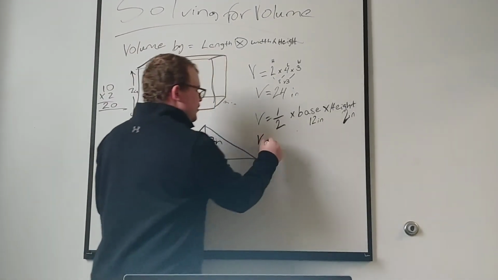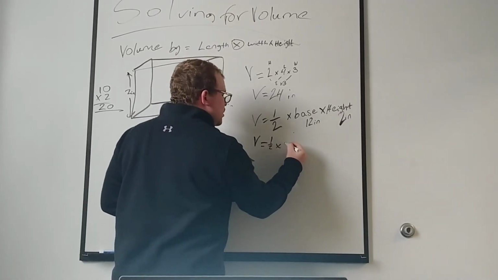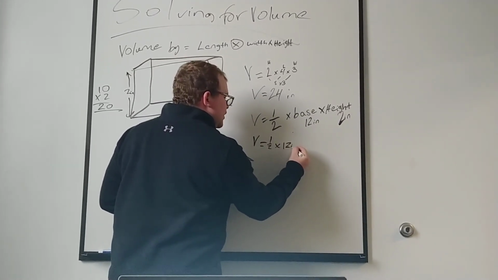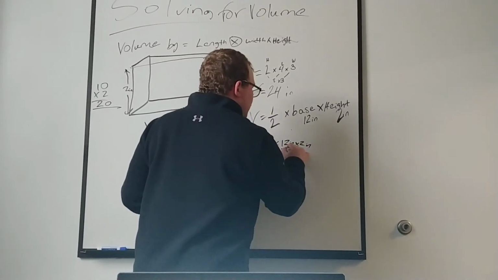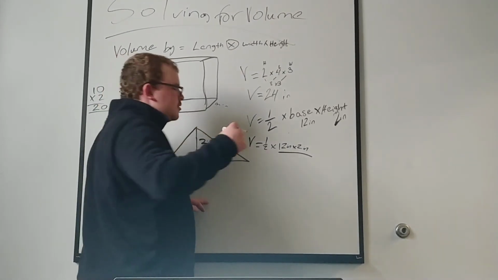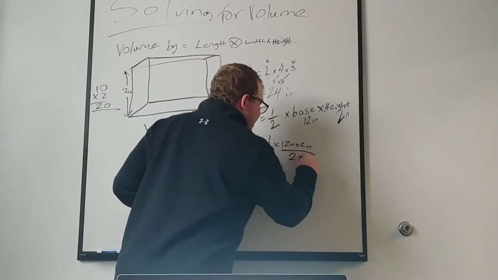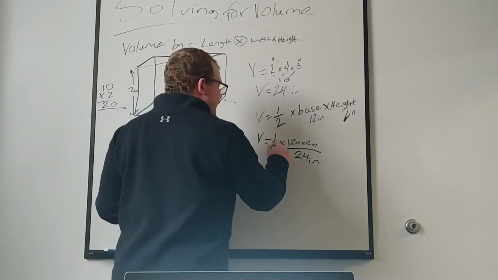So our volume would be 1/2 times 12 inches times 2 inches. Let's do 12 times 2. What's 12 times 2? 24. Nice job, guys. So 12 times 2 would be 24.